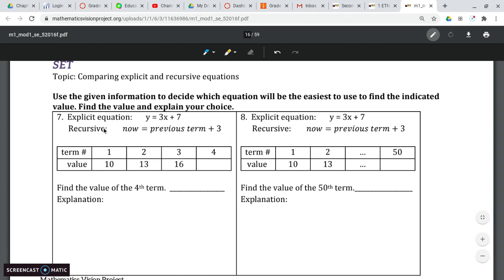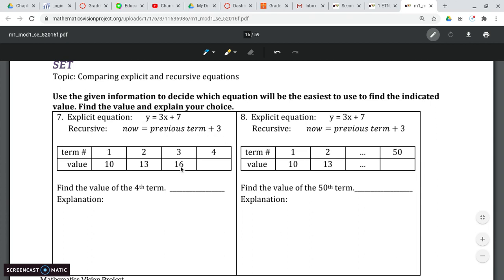Recursive equations are always best used when we have the previous term to the one we're trying to find. Explicit equations are best used when there's a gap in the information. So for this one, we have term number 1, 2, 3, and 4. We have the values, so we're going straight from 3 to 4. So like I said, the recursive is the one we use when there aren't any gaps in the data.